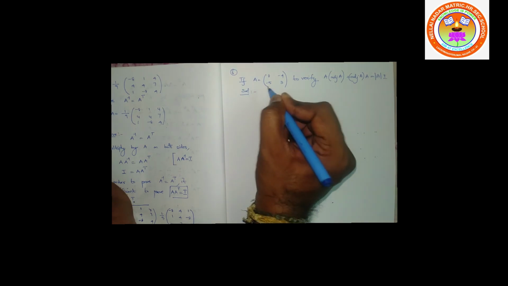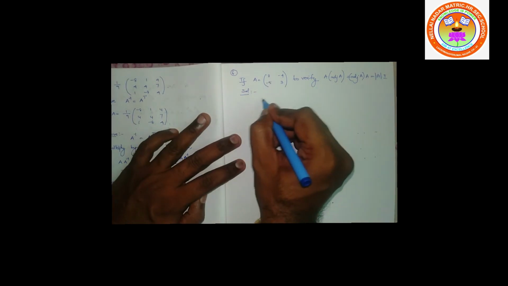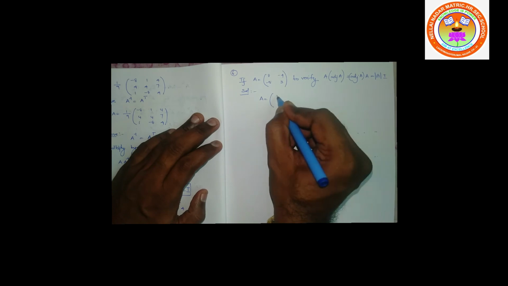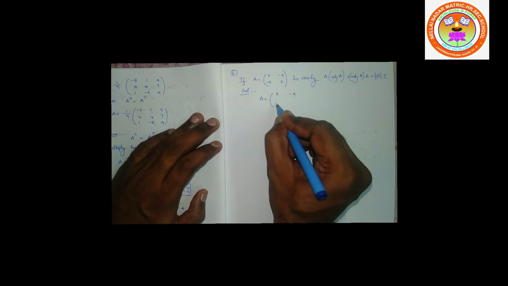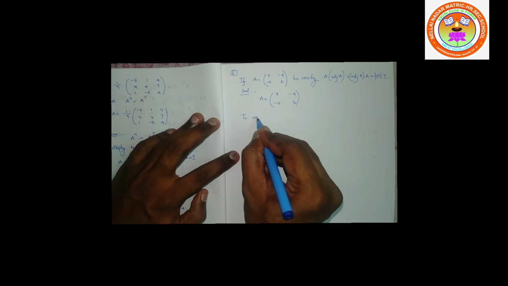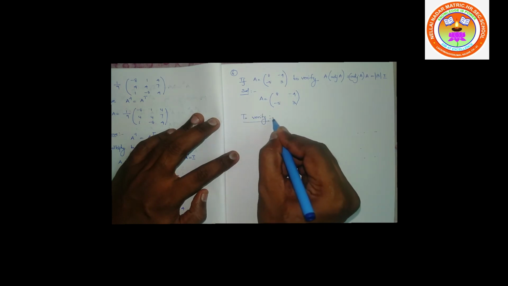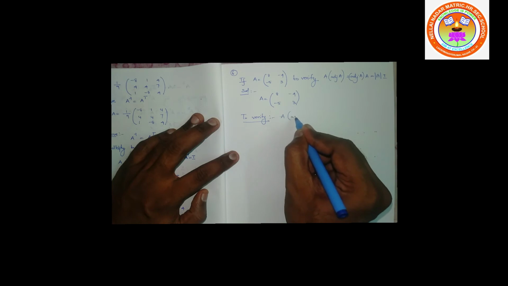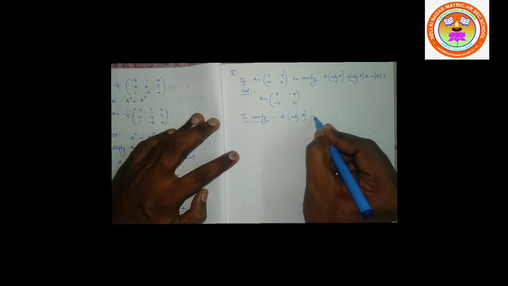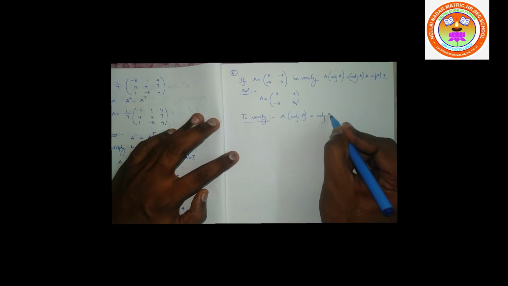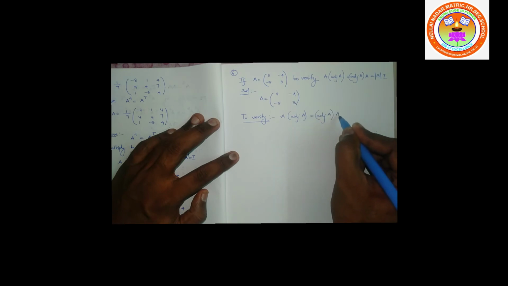Solution. First write the matrix given to us. A is nothing but 8, minus 4, minus 5 and 3. To verify, I need to verify A into adjoint of A is equal to adjoint of A into A is equal to determinant of A into I. So what are the necessary things I need to find?